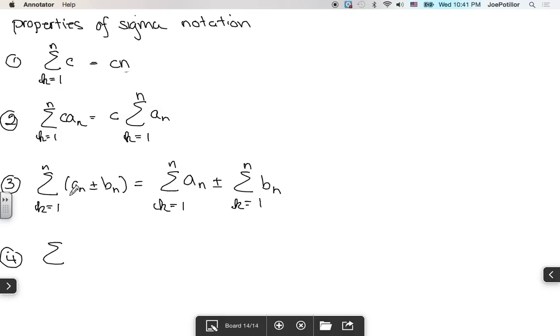Something that's illustrated in the study tip is that you can always express your sums starting from 1 or 0.